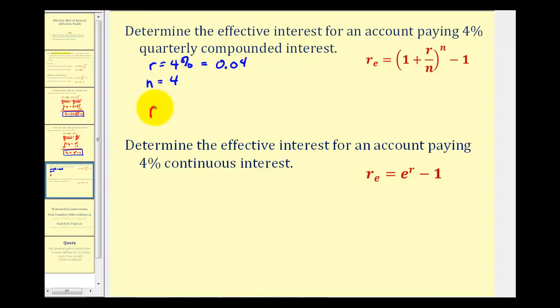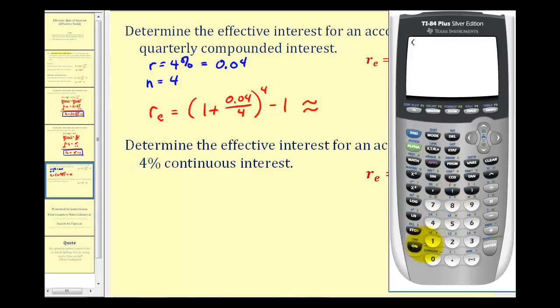We have r sub e is equal to the quantity 1 plus r divided by n, or 0.04 divided by 4, raised to the power of n, which is 4, minus 1. Now we'll go ahead and go to the calculator and get a decimal approximation for this. So we have 1 plus 0.04 divided by 4.